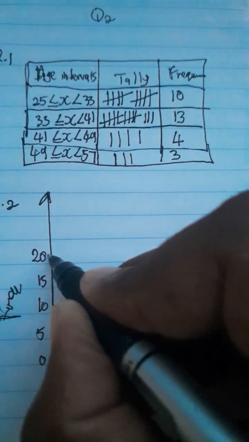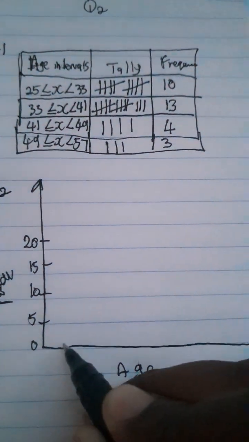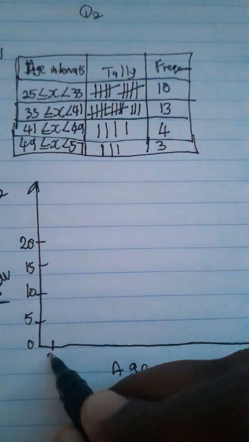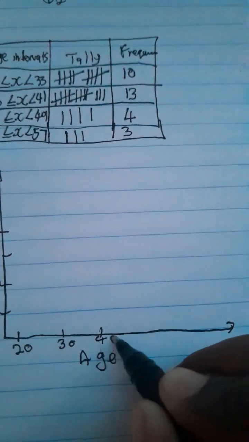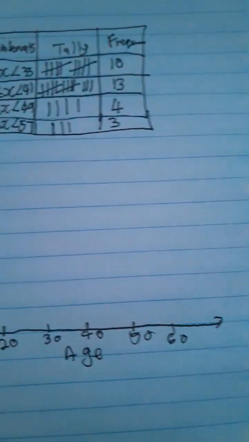Let's end it at 20. So from here, guys, because we have 25 to 57, we could also say 20, 30, 40. We can also say 50. We can also say 60.